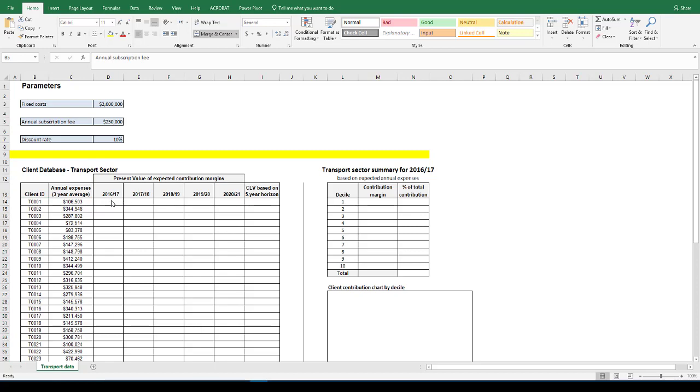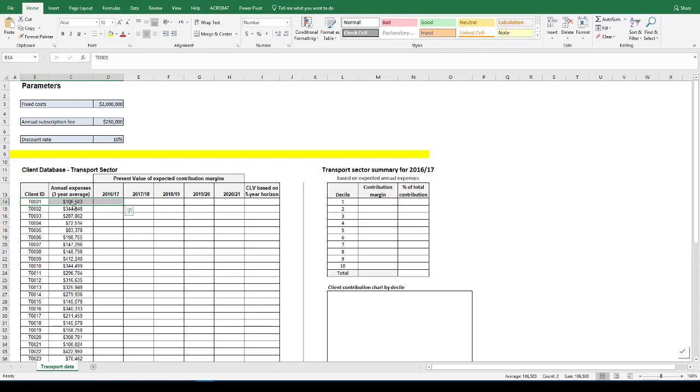If you want to find the contribution margin for a customer this year, which is 2016, suppose that now we are in 2016, I wish, no COVID-19. Anyway, we want to find the 2016 contribution margin. We know that customer number 1 has paid $250,000 as annual subscription fee.